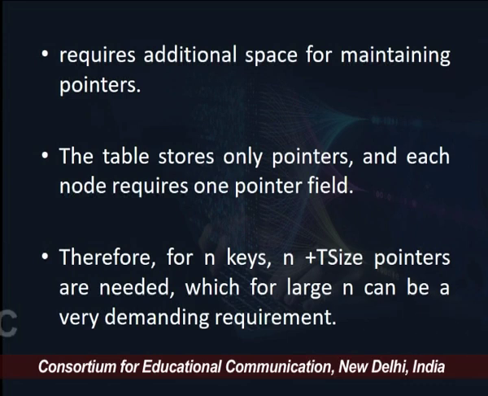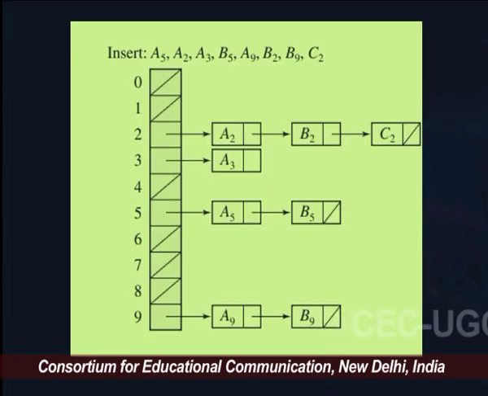So, for large n, maintaining n plus table size pointers is actually a very demanding requirement. This storage burden of maintaining the additional pointers in separate chaining is something one needs to deal with.